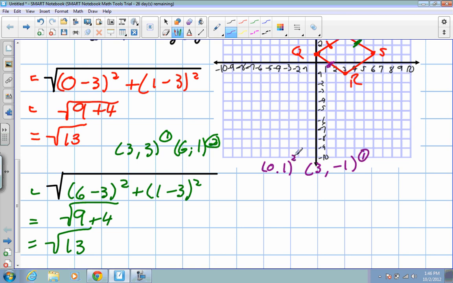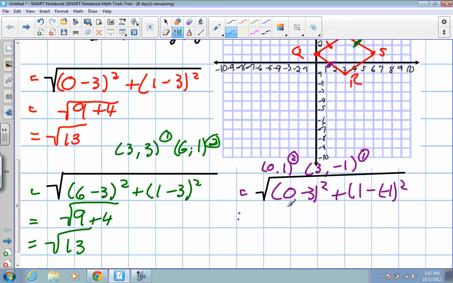We have to find the distance of this one also. x2 is 0, x1 is 3, y2 is 1, subtract negative 1 squared. This will be negative 3 squared, which is 9. 1 subtract negative 1 is 2. 2 squared is 4. What are we looking at? Root 13.